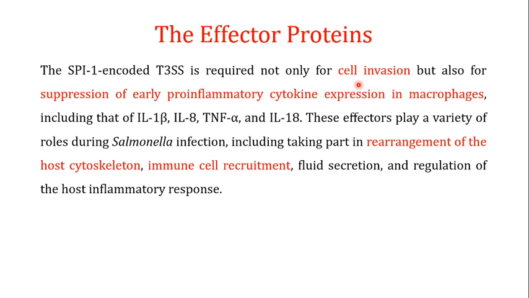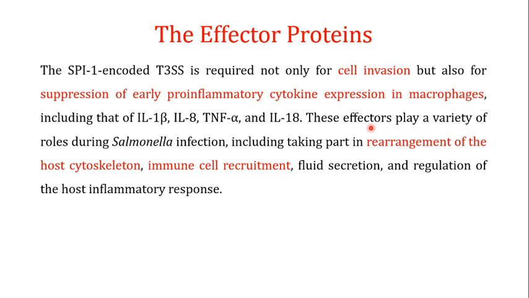Now what these effector proteins, or the virulence factors of the Salmonella typhi, do is that they are responsible for suppression of this pro-inflammatory cytokine expression in macrophages. When cytokine expression in macrophages is suppressed, that means that the bacteria is having a favorable environment for its establishment in the human host.